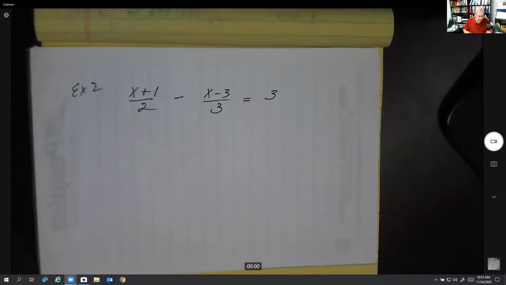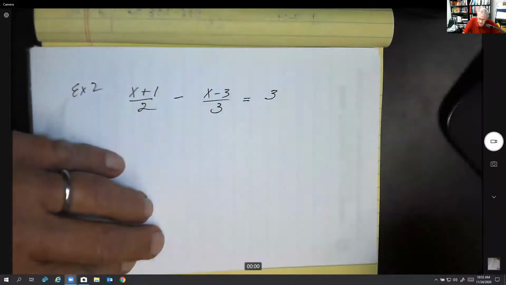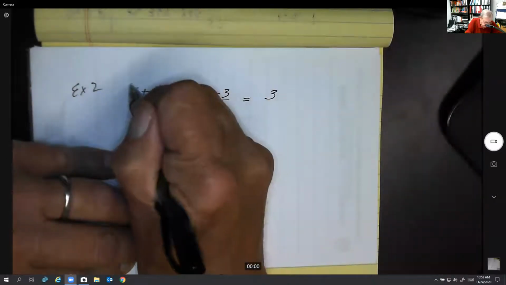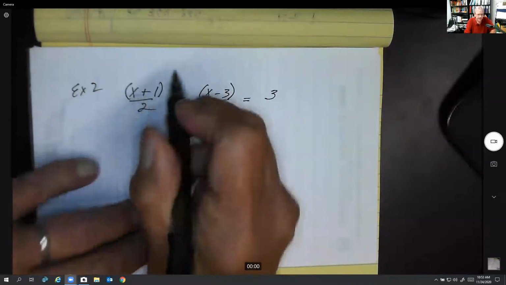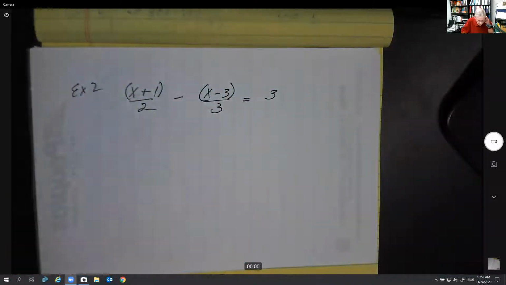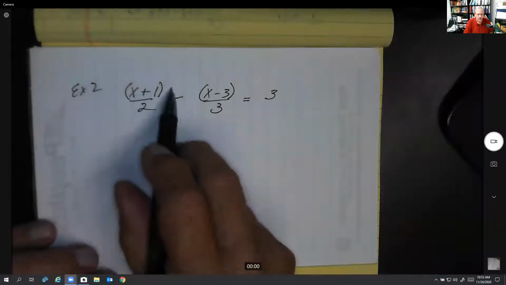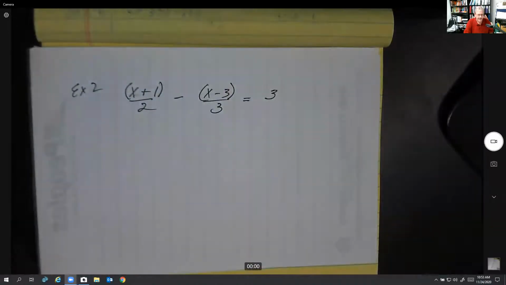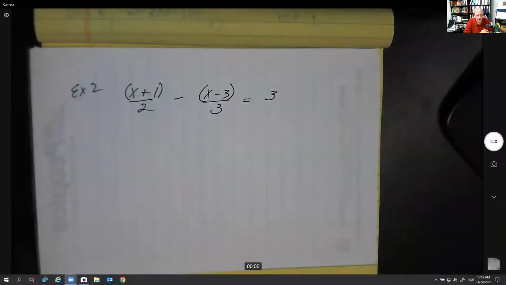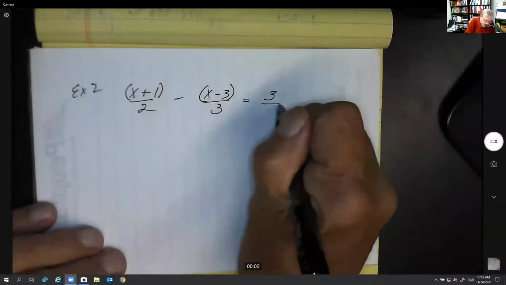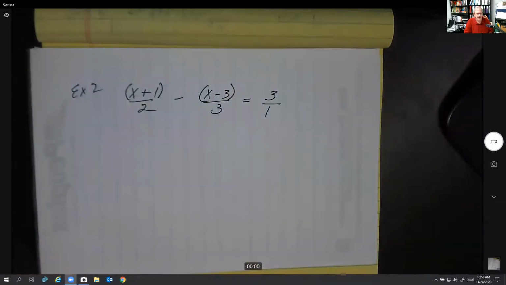So once again, we're not messing around with the numerator too much, but I do want to put these in parentheses. If you have a binomial or some kind of term like that, you want to put it in parentheses. This one, not necessary, it was just a single monomial term. But if you have binomials, trinomials, put them in parentheses. Also let's put this 3 over 1 to create a fraction.